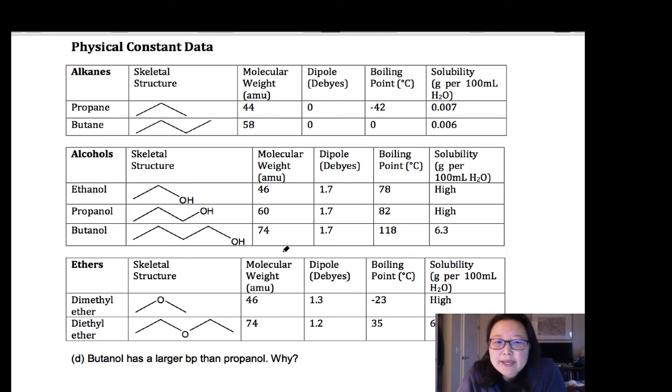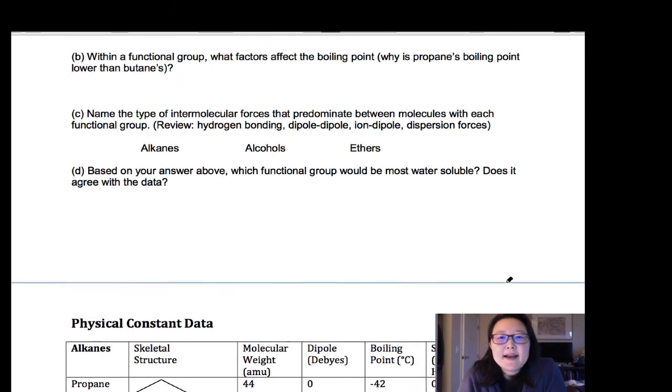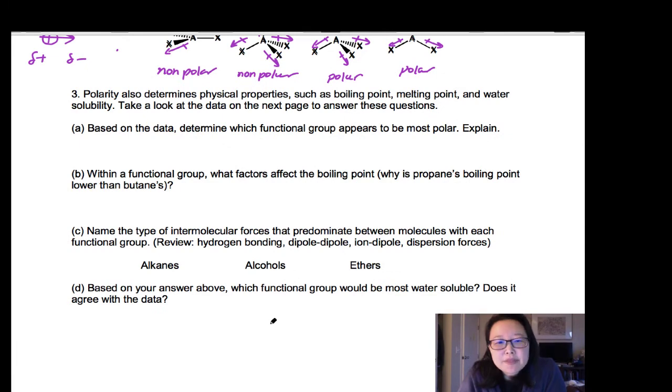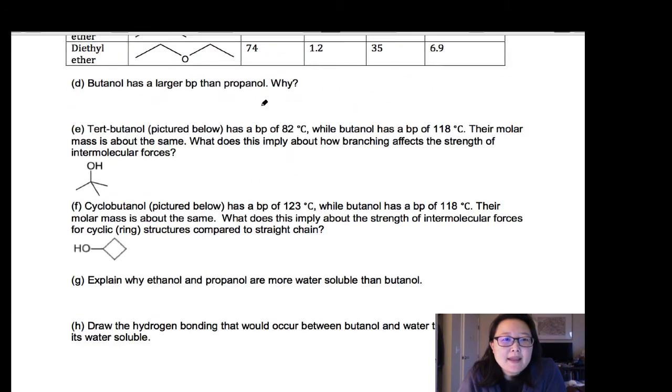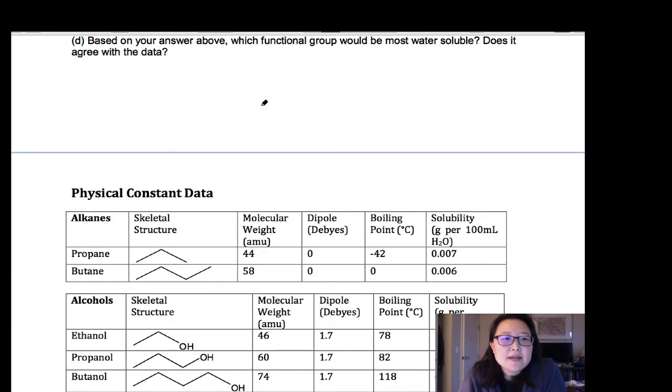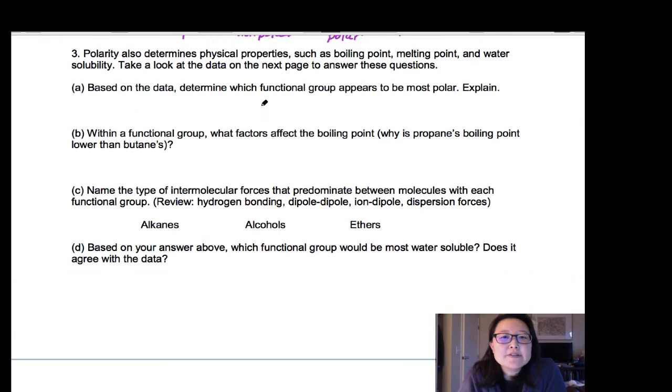You'll see that their weights, dipole moments, boiling points, and water solubility are provided here. I want you to go through these questions, number 3, and the rest of these here. And I'd like you to think about how to use the data to draw some conclusions about polarity and the strength of the intermolecular forces.